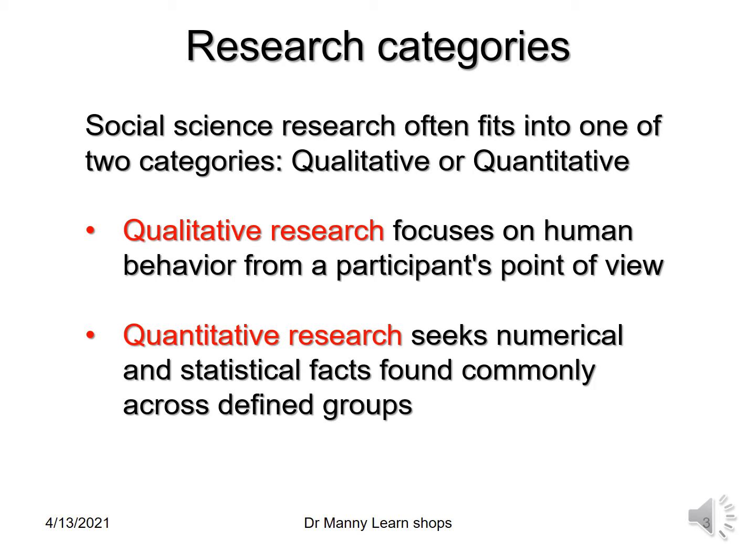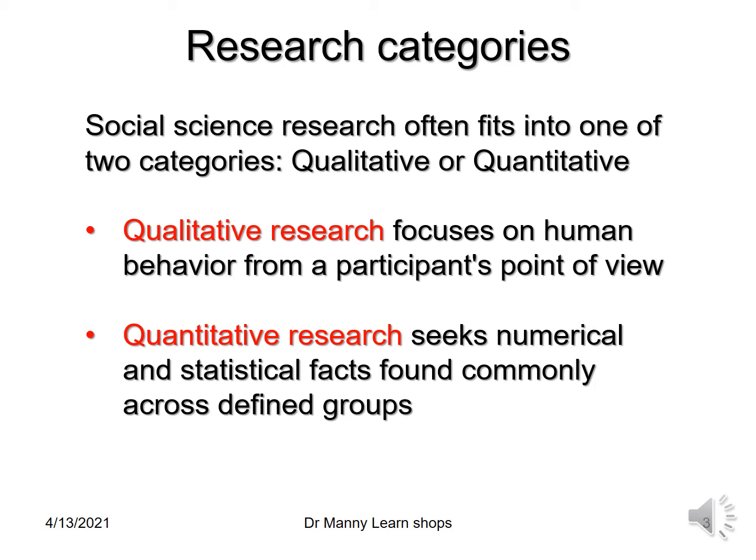Qualitative research, as we've discussed previously, focuses on human behaviour from the participant's point of view, which is absolutely essential in nursing. We focus on the human being, primarily holistic care. Patients are not numbers. Patients are people.